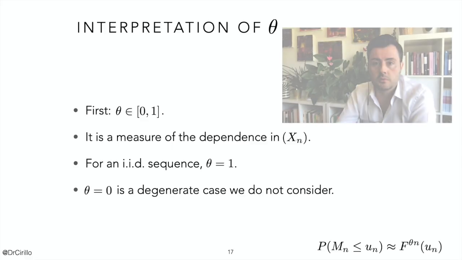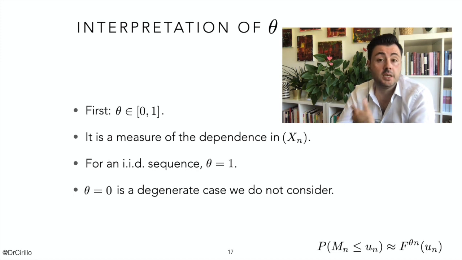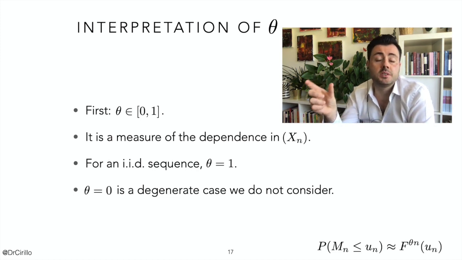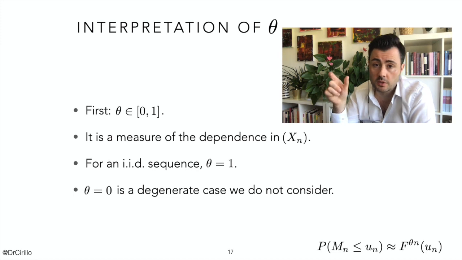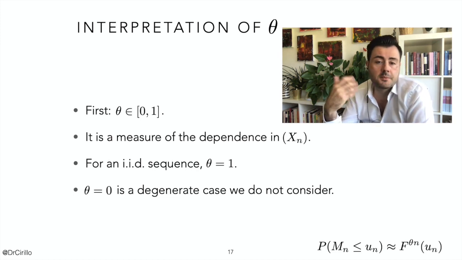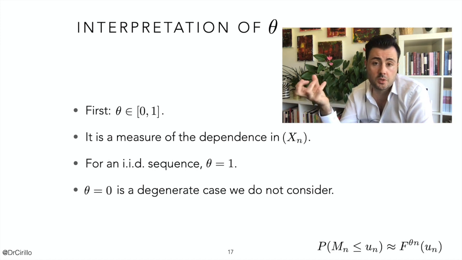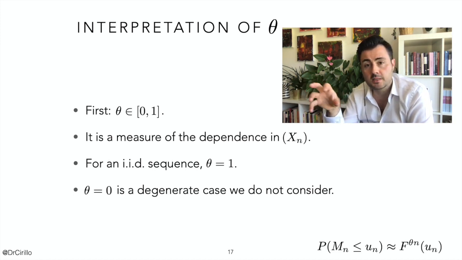Please notice that the distribution G, the generalized extreme value distribution, is a max-stable distribution by definition. And if we take the GEV to the power theta, it is also max-stable. The quantity theta, the extremal index, lives in the interval 0 to 1, and it is a measure of the dependence in our time series when we look at the dependence via the extremes, via the maxima.